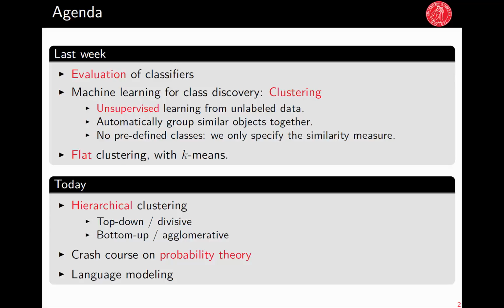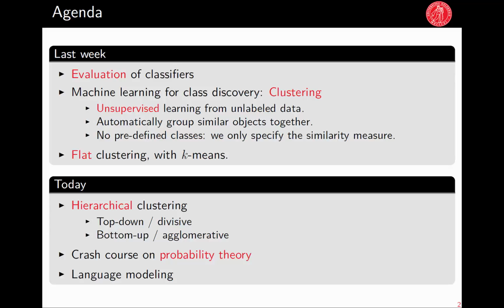In contrast to the flat clustering methods, they don't just define a partition of the data, a set of groups in the data. They create what we can think of as nested partitions, so a tree structured clustering. It will be clearer later once we visualize this and go into the details. But hierarchical clustering is the first part of today's lecture.